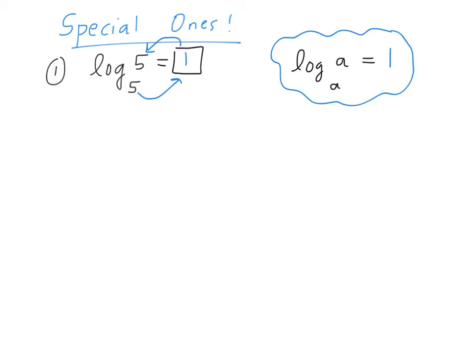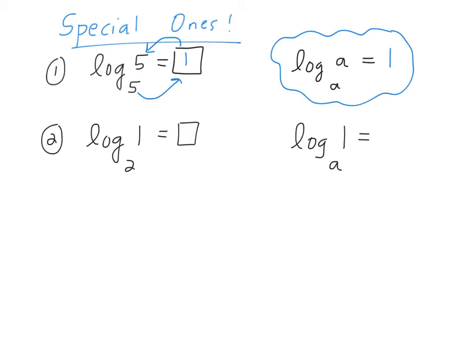Here's our next one. We're looking at log base 2 of 1, and in general, log base a of 1. Again, just use your brain and think about this. 2 raised to what must give us 1? Well, 2 raised to the 0 power.